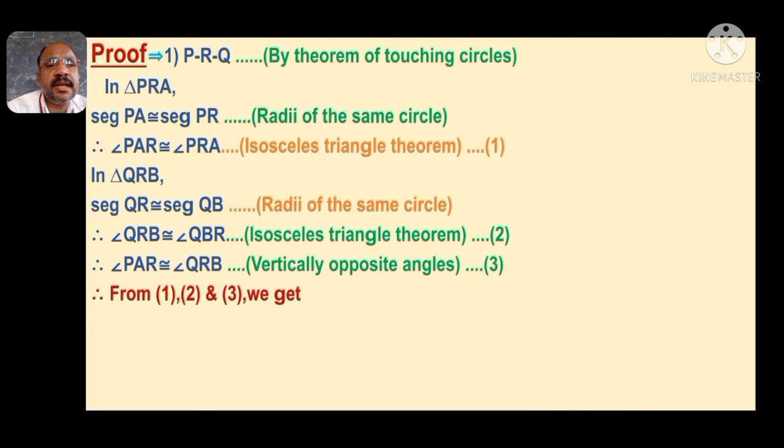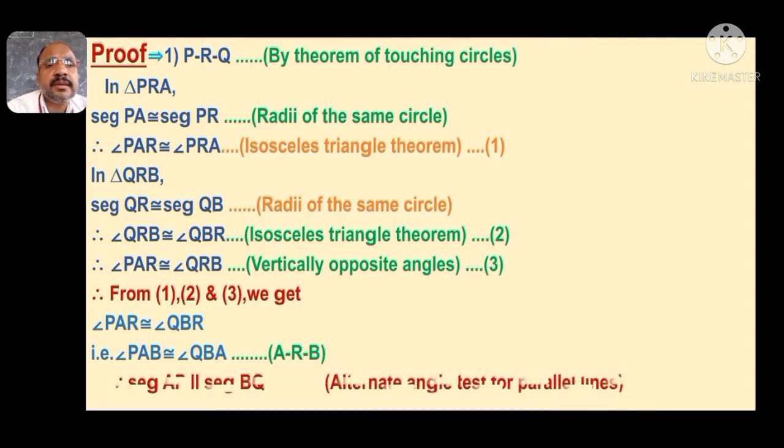From first, second and third, we get angle PAR congruent to angle QBR, that is angle PAB congruent to angle QBA, and A, R, B are collinear. Therefore, segment AP is parallel to segment BQ, alternate angle test for parallel lines.